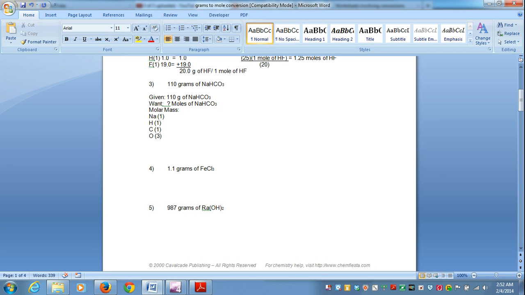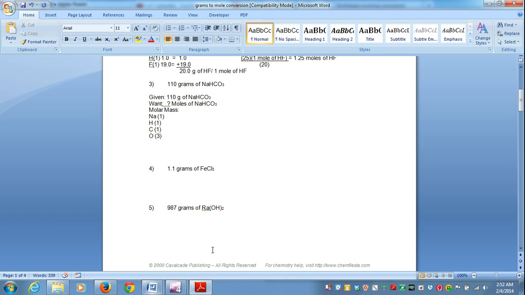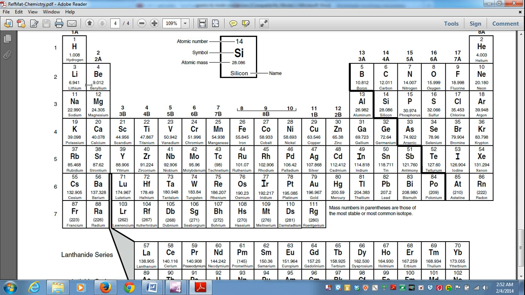Next, we have to refer to our periodic table to find the molar mass. The molar mass of sodium is 22.990, which we're going to round off to 23. The molar mass of hydrogen is 1.